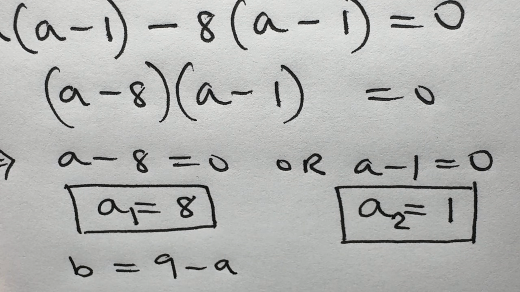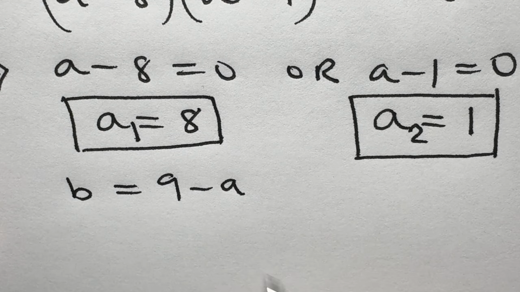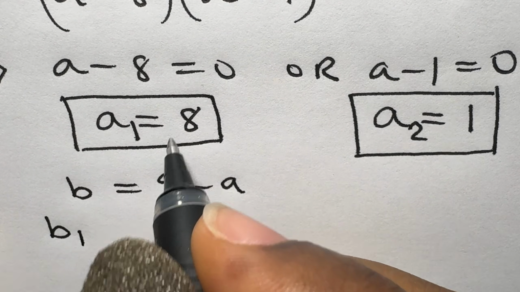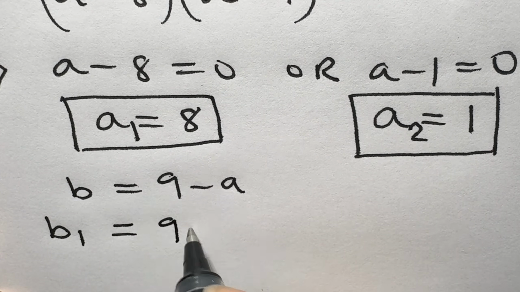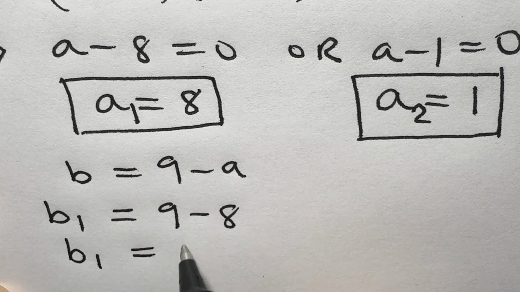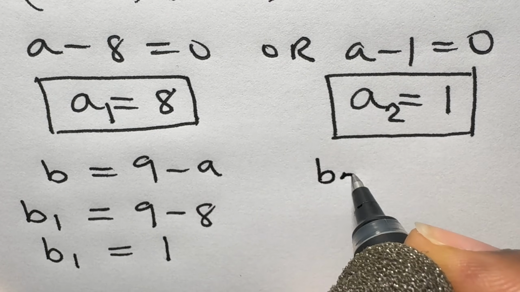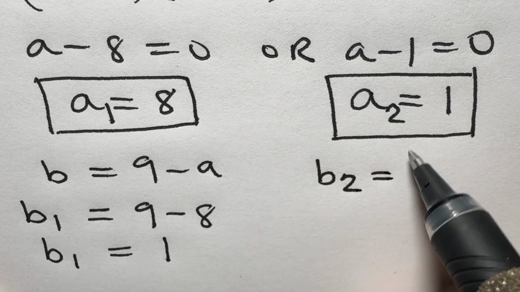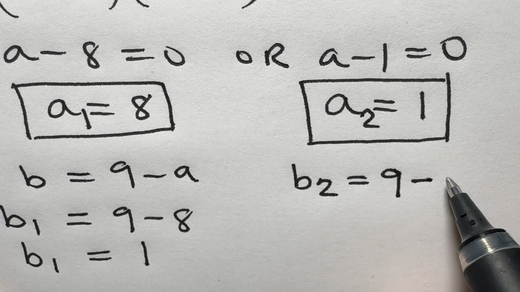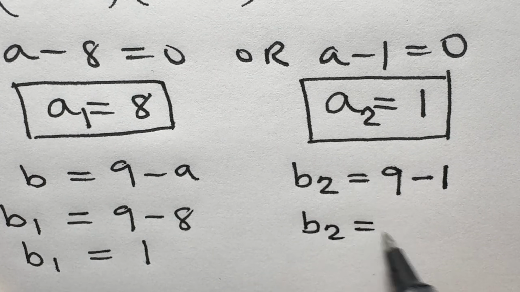You can scroll back into the video to get where we mentioned this. Now, for b1, that is when a1 is 8, we are going to have 9 minus 8, and then b1 is going to give us 1. Now, for b2 is going to be 9 minus a2, which is 1. So b2 is going to be 8.